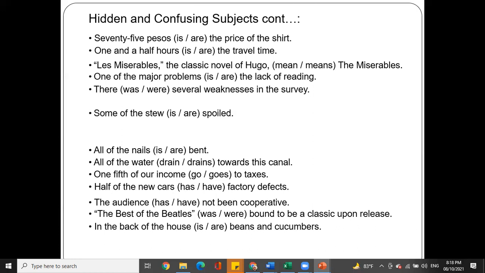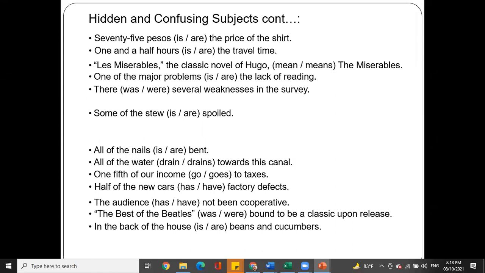Some of the stew. So stew, what is stew? Is that a they? Is that an it? Stew, guys, it. It's another mass noun. So what's the answer?